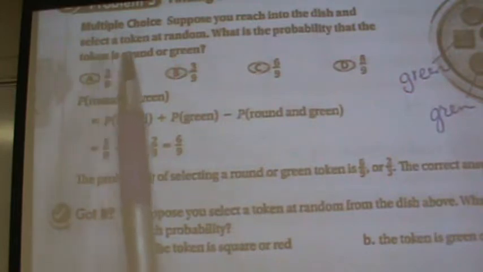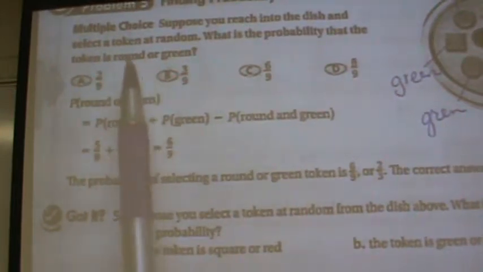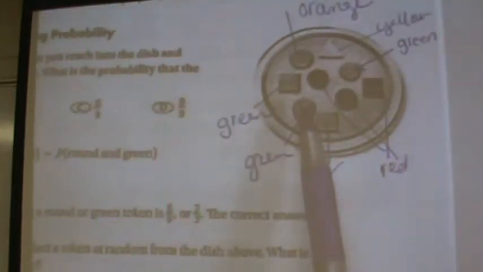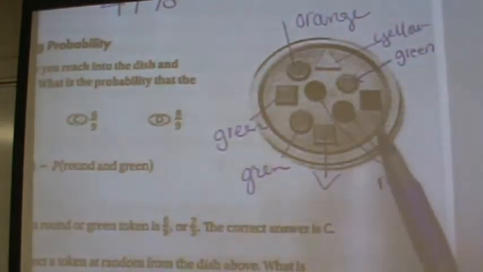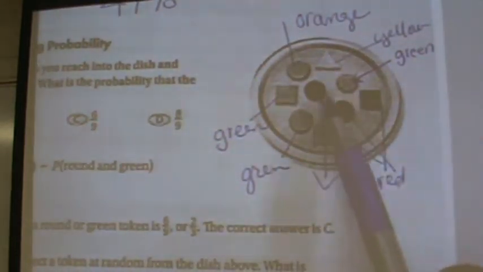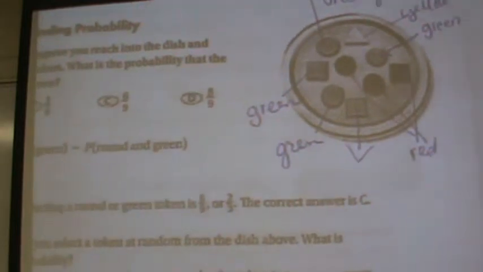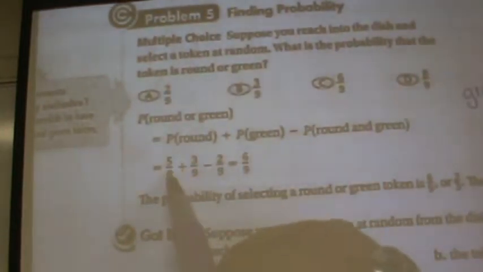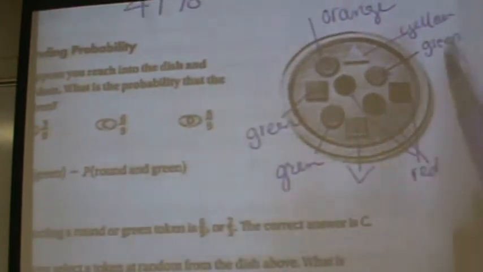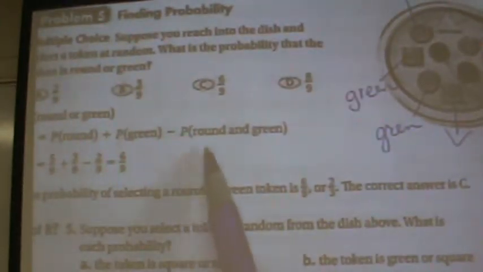So what is the probability of getting a round token? Well, let's count, there's 9 tokens total. How many are round? 5. 5 out of 9 are round. How many are green? 3. There's 3 that are green, 3 out of 9. And now you're gonna subtract the ones that are round and green.